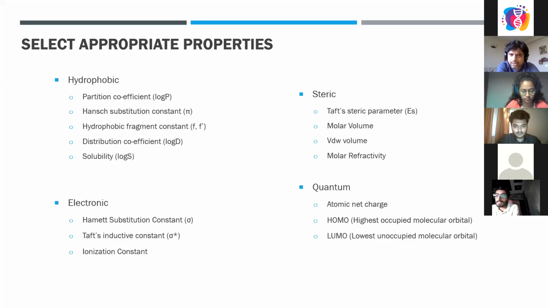Let's say you collected data for 30 ligands for which you have the experimental activity, such as experimental IC50 or Ki value. Now I will calculate the features or properties for these 30 compounds. What kind of properties would I calculate? They could be categorized as hydrophobic properties, electronic properties, steric properties, and quantum chemical properties.